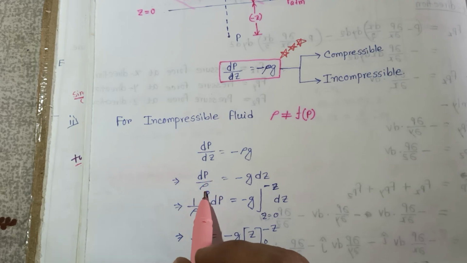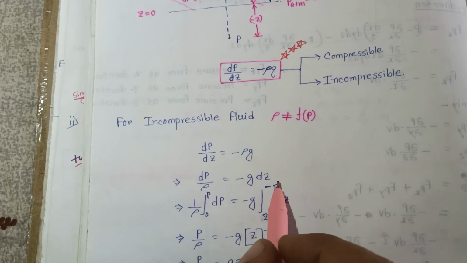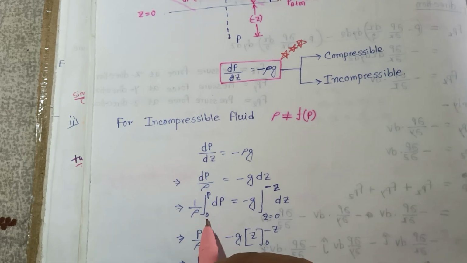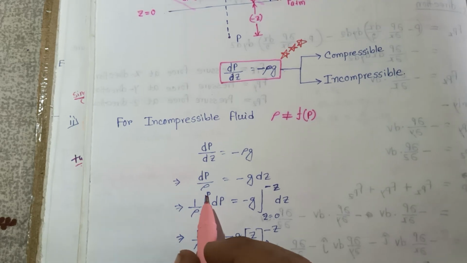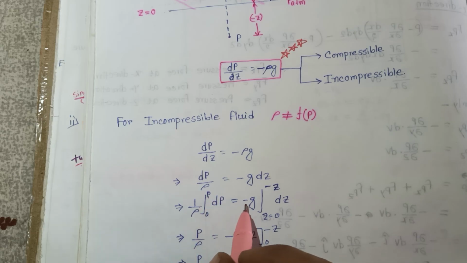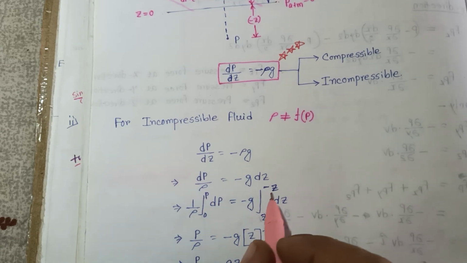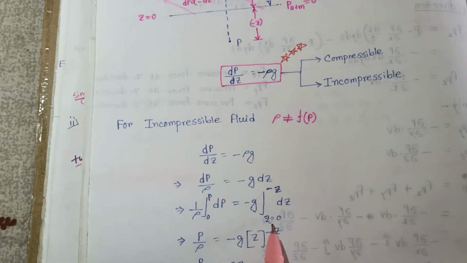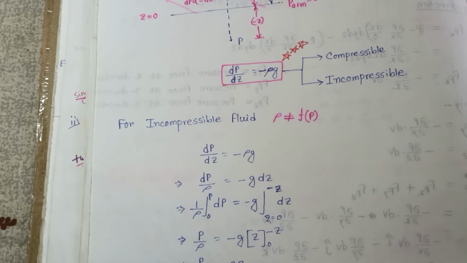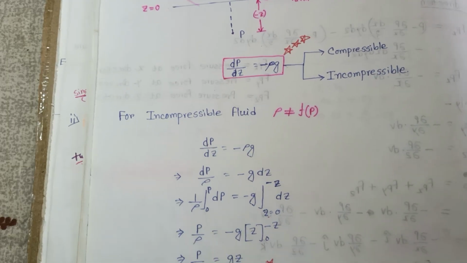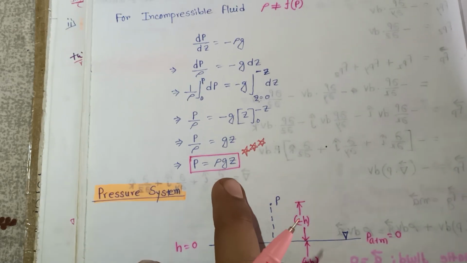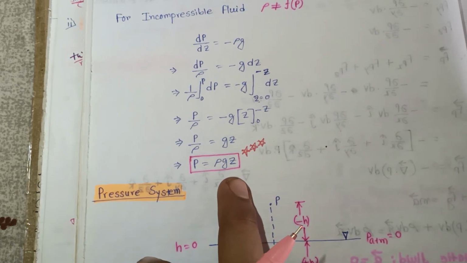From here dp by rho is equal to minus g into dz. So minus 1 by rho integration 0 to p dp, since p is changing from 0 to p, is equal to minus g integration from z equal to 0 to minus z dz. From here you can get p equal to rho into g into z. This is very, very important: pressure increases as depth increases.